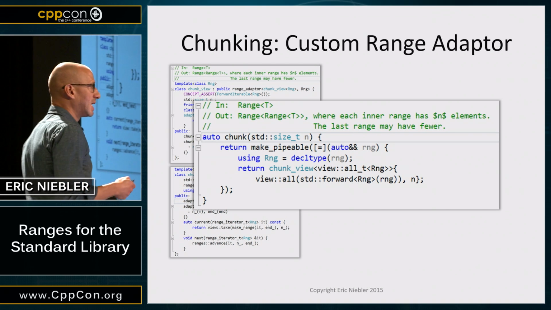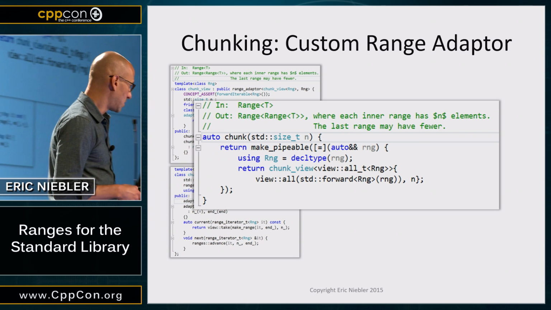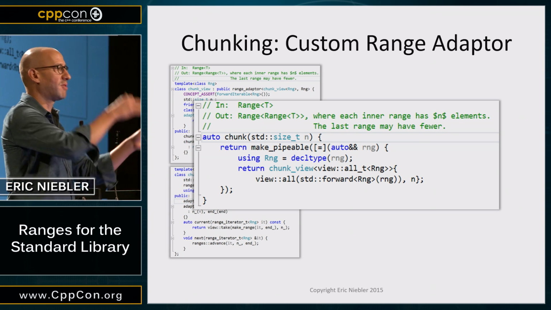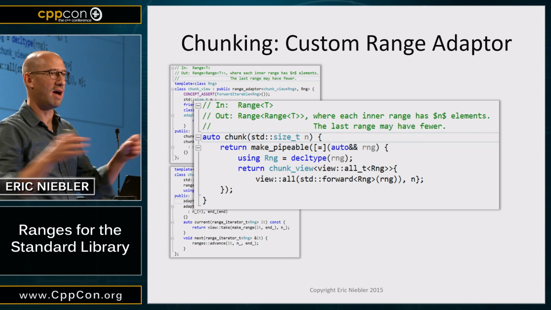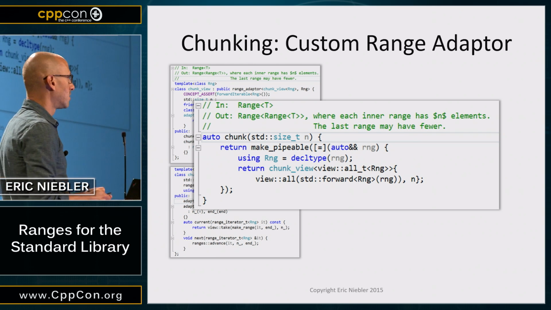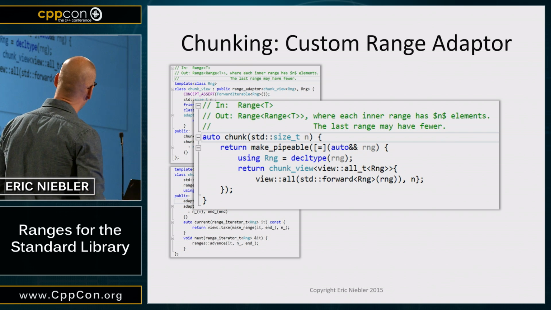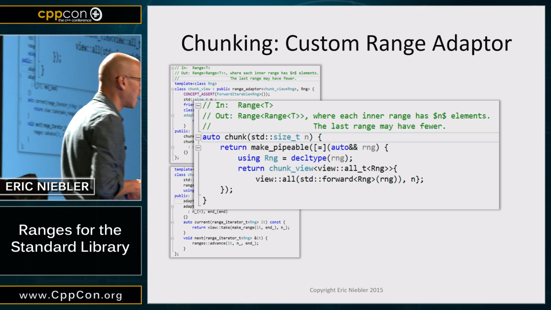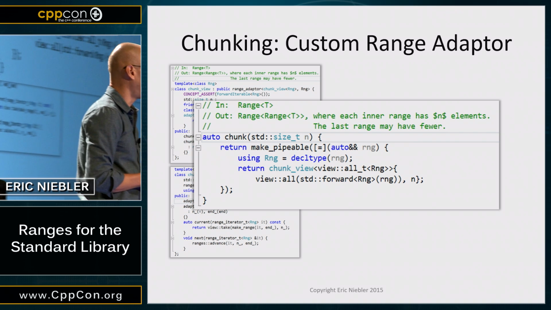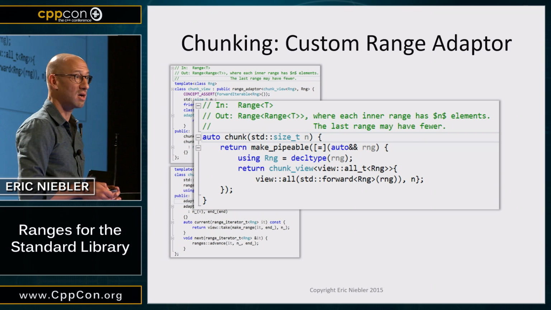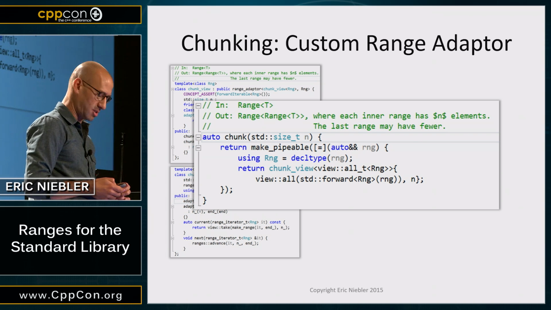Now we need to make it easily usable. We use this function called makePipeable. Right? We want to be able to pipe things along and have it generate adapters of adapters of adapters. So here's how we write chunk. MakePipeable is a fun higher order function that kind of hurt my head to write, and I'm sure it would hurt my head to try to explain it, and we'd probably run long, and I want you guys to make your lunch.